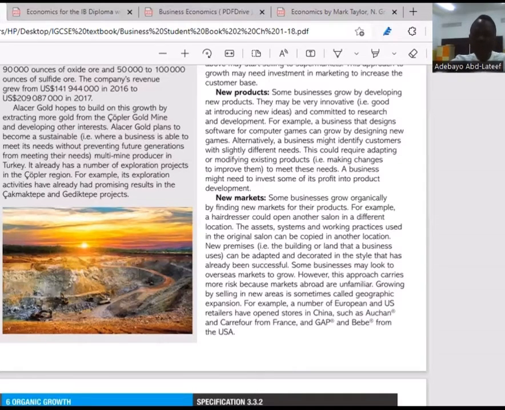So you won't be able to keep up with the pace at which the market is growing. And when you are unable to keep up with the pace at which the market is growing, that means you won't be able to exploit the opportunities in that market. So which means you might fail as a business.